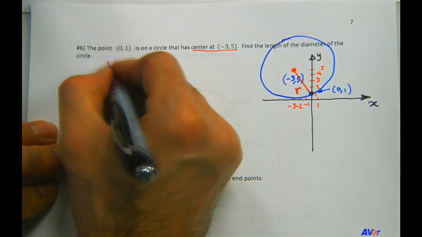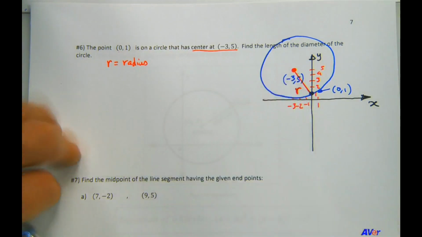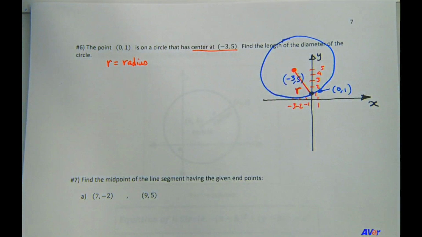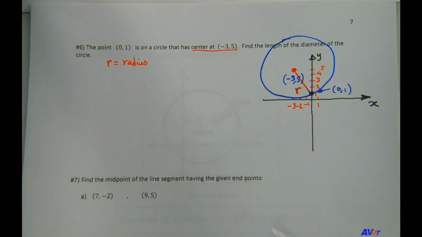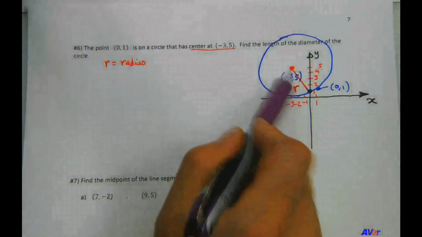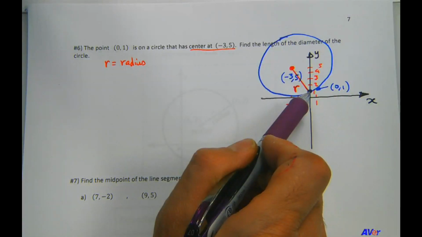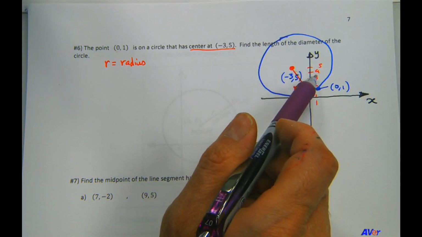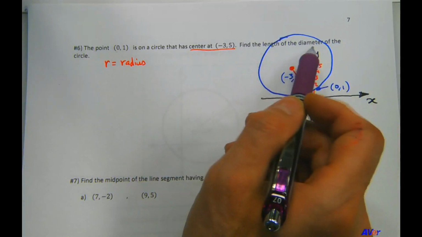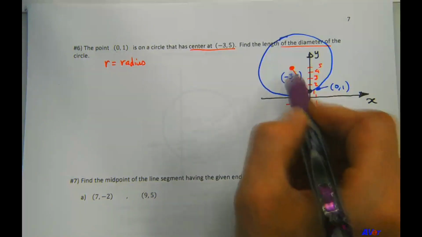Okay, so R is the radius of this circle. We have the distance formula that can help us find that straight line distance between the center and point 0, comma 1. Once we have that, we can double it to get the diameter, because they want the diameter, not the radius, right? So we can double that distance to get the diameter.